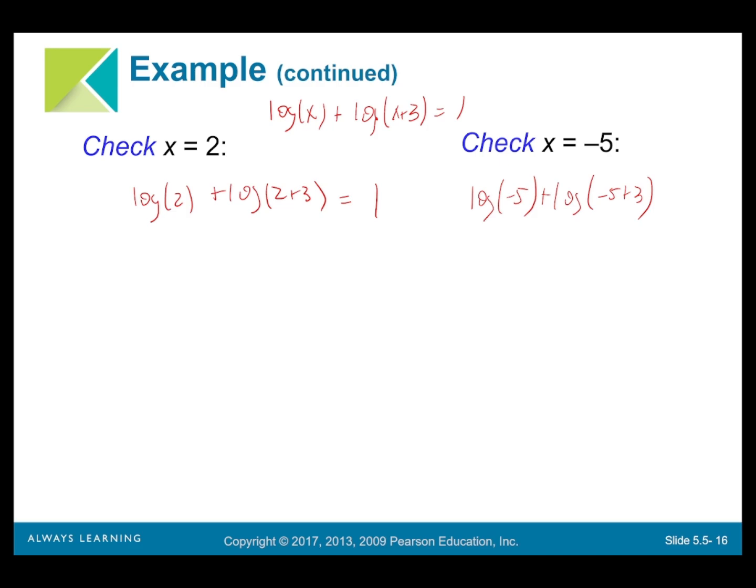This one is not in our domain because we can't take the log of a negative number. So x = -5 is not correct. We only want to take x equal to 2. Again, we cannot take the log of -5. Therefore, our only answer here is x = 2. So you have to throw out certain x values sometimes. You have to make sure that x value is actually in your domain.